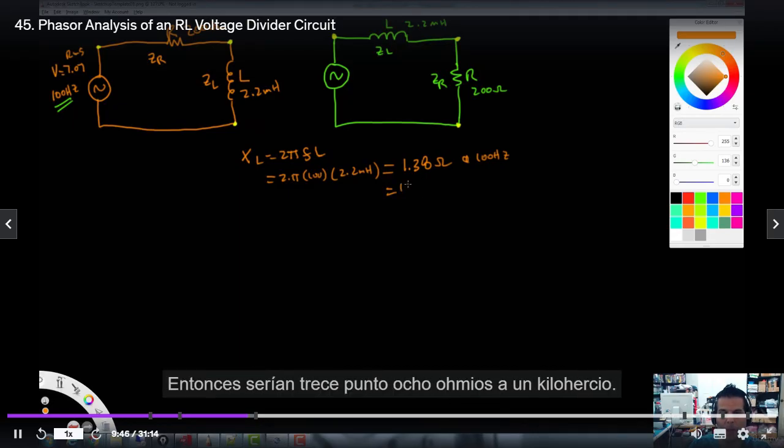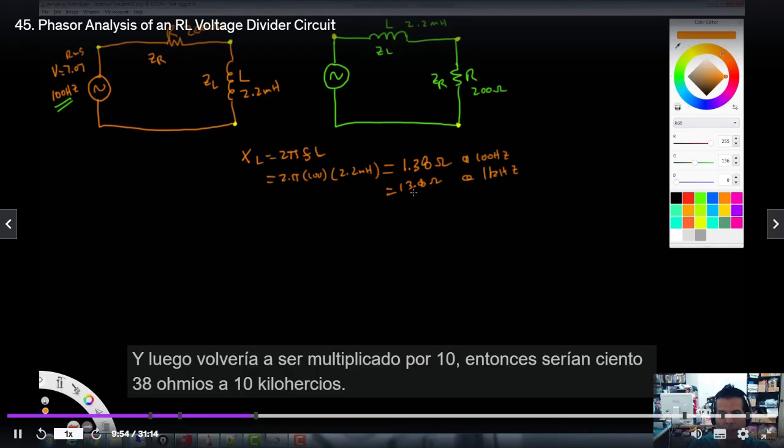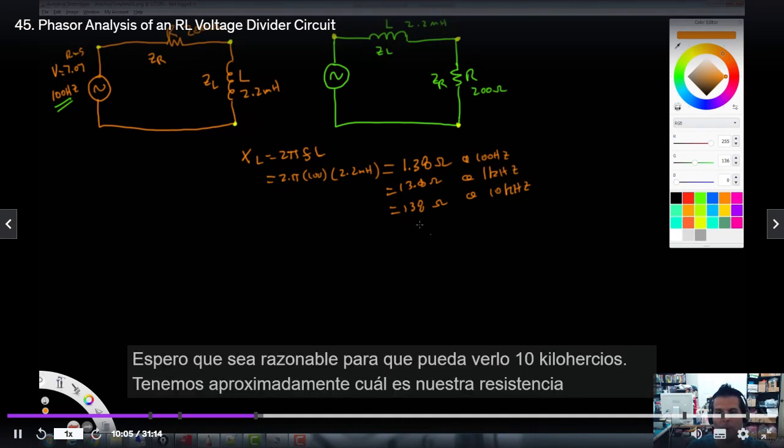So it would be 13.8 ohms at 1 kilohertz. And then again, times 10, so it would be 138 ohms at 10 kilohertz. All right, so hopefully that's reasonable.